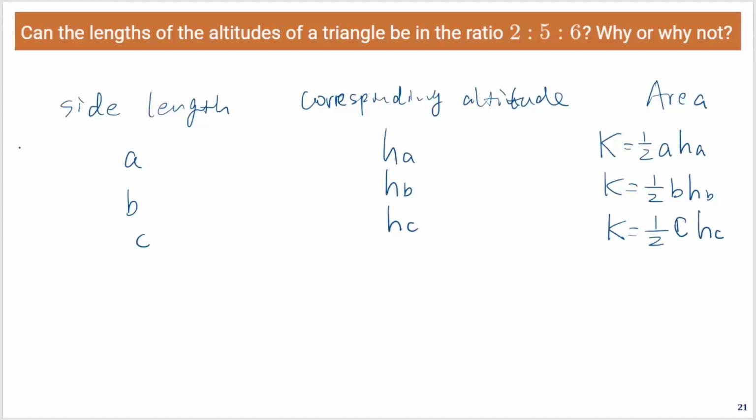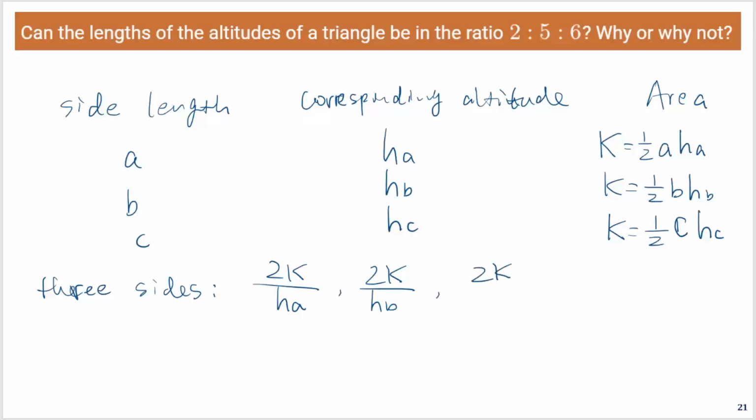Then the three sides of the triangle are 2K over HA, 2K over HB, and 2K over HC, right? So suppose this is possible.